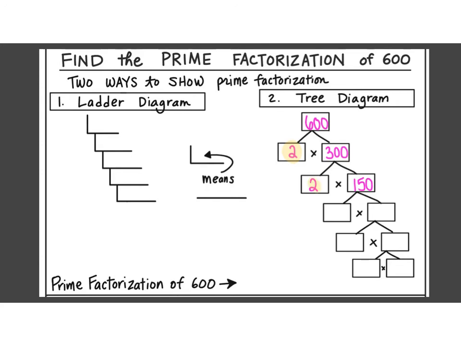The 2 is prime, so we can circle it. When we break down 150, we can multiply 2 times 75. The 2 is prime, so we'll circle it.